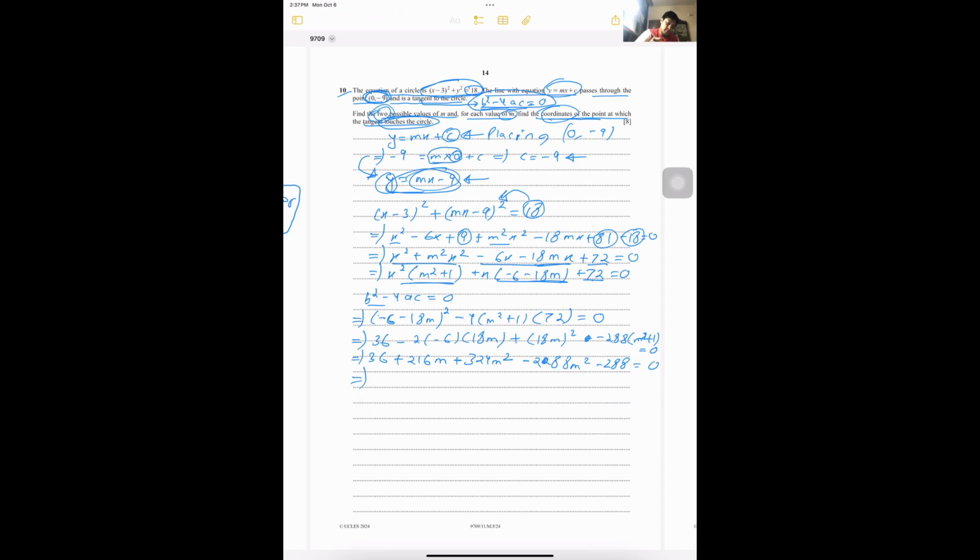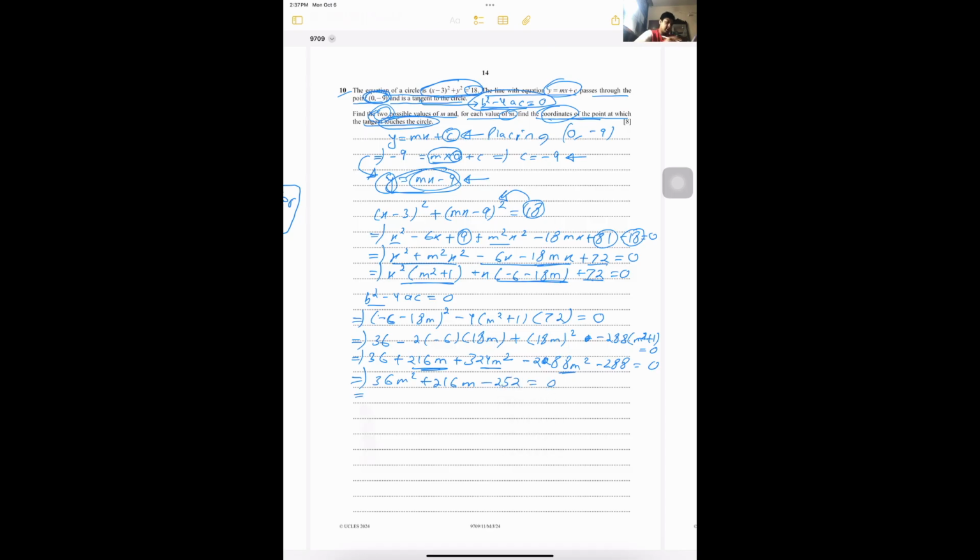Now we will bring together the m squared terms. 324 minus 288 is 36 m squared, plus 216 m, and then we have 36 minus 288, which is minus 252 equal to 0.